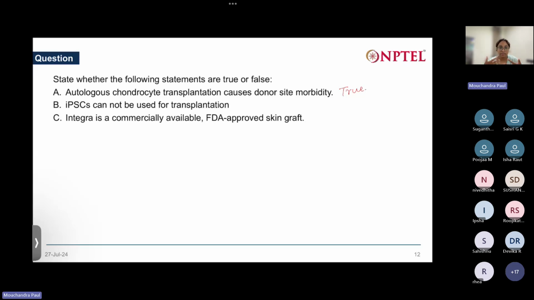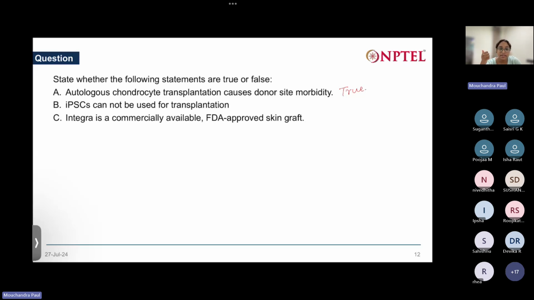Let me tell it again. So here what we are doing, we are taking some chondrocyte cells from the non-load bearing site. And we are taking it out so that we culture it to some number, like say 1 million cells.